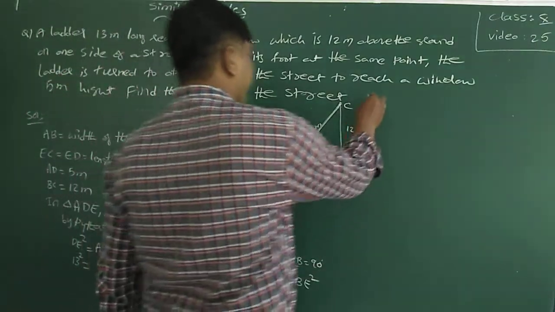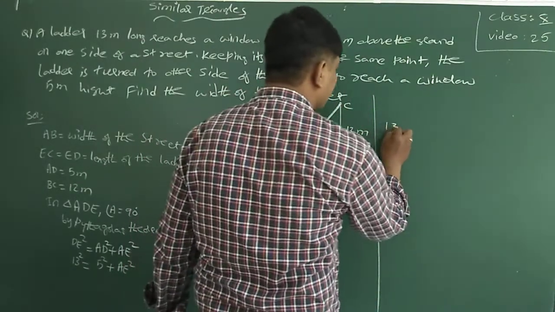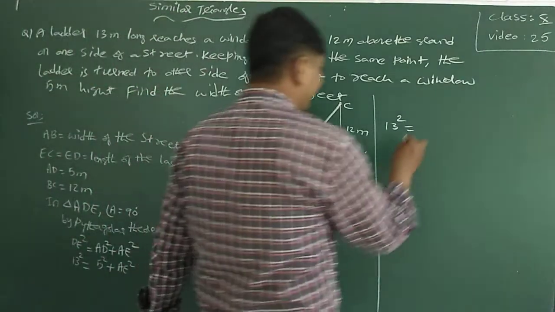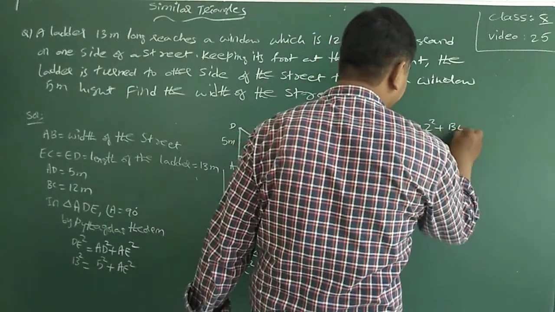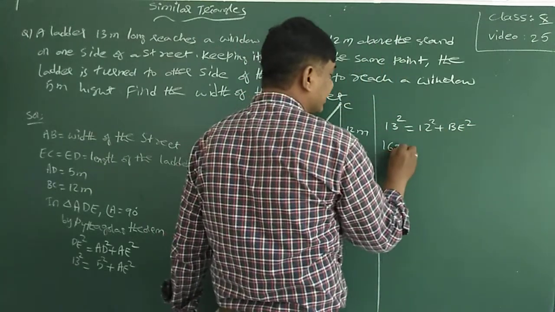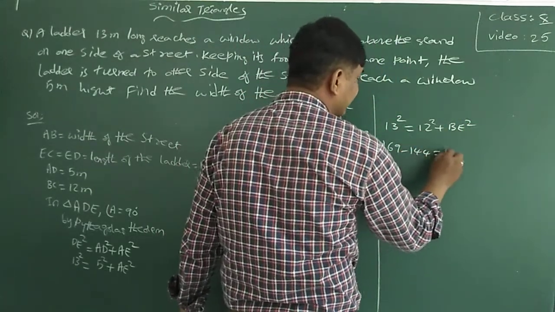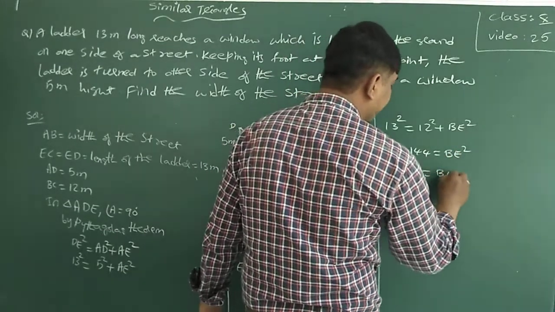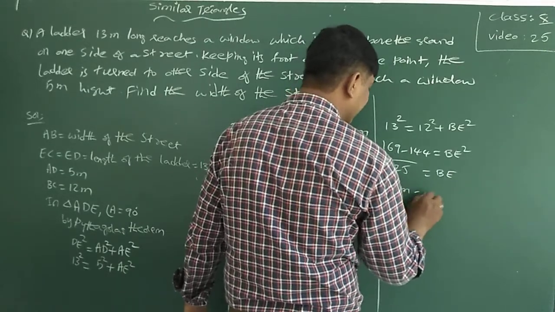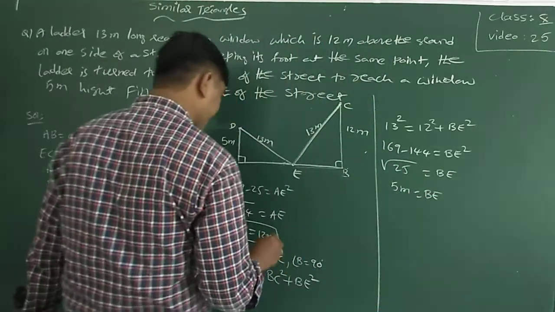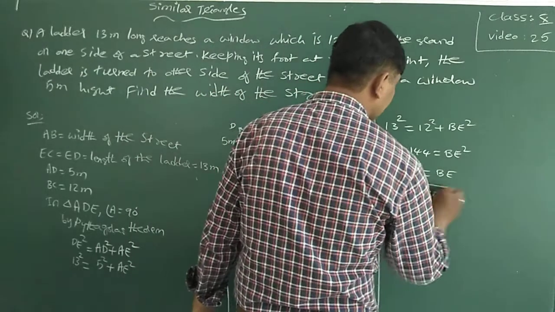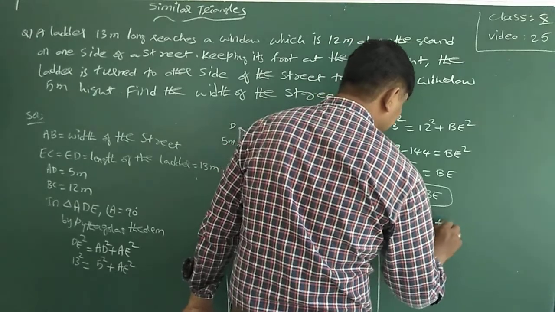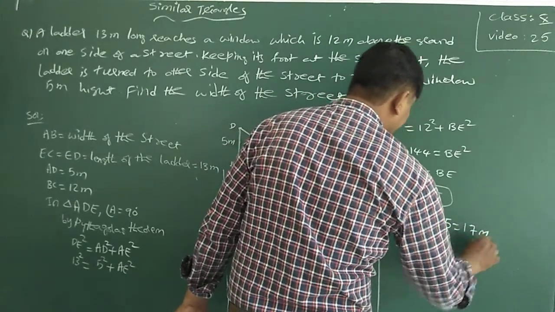EC is fixed, 13 square is equal to BC square, which is 12 square, plus BE square. Now 169 minus 144 is equal to BE square. Root of 25 is equal to BE. 5 meters is the BE length. Therefore, AB length is equal to 12 plus 5, which is 17 meters.